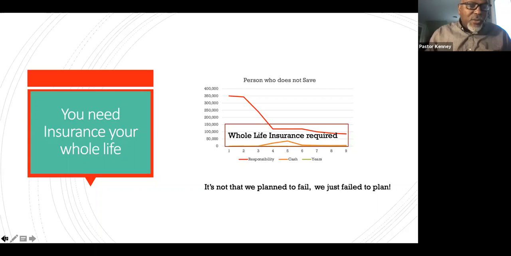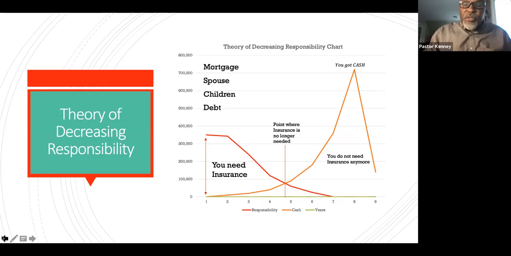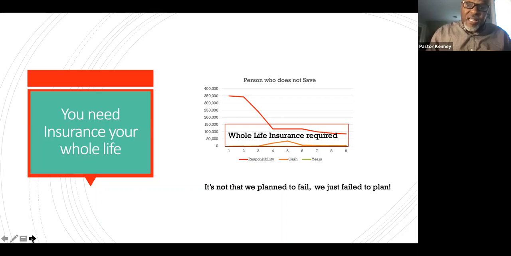As I showed you in the earlier slide, you don't need insurance your whole life if you are investing. However, if you're a person who doesn't invest, doesn't save, and you can see this lower line, they have a little money, they might have 20, 30,000, but they spend it on new cars. They never have a 401k. They don't do anything.